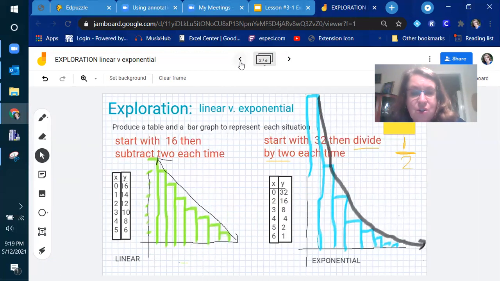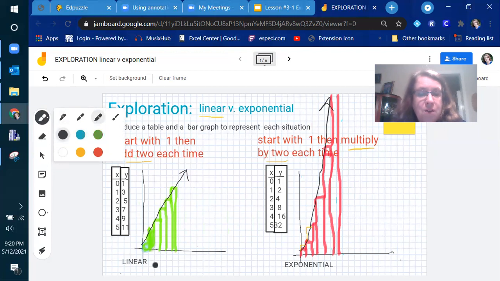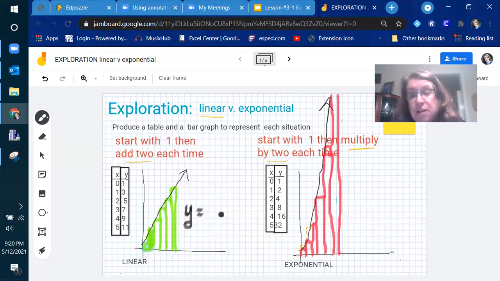Let me go ahead and just use these two examples, and I want to start to talk about the equations that I'm going to use. And so I want to write some equations for this one. What I'm going to do with this equation, I'm going to start with the way I like to start, as y equals. Of course, it could be f of x equals if we're using function notation.